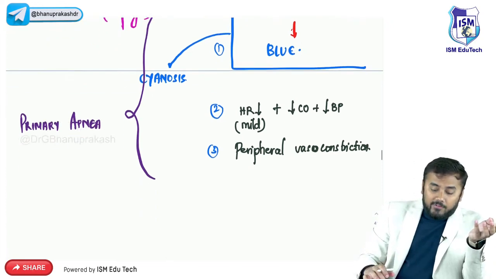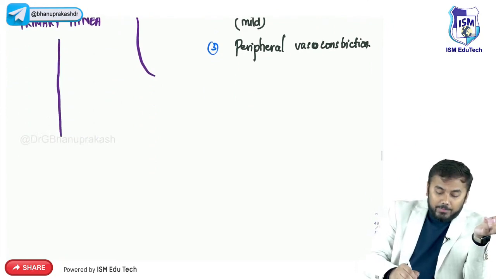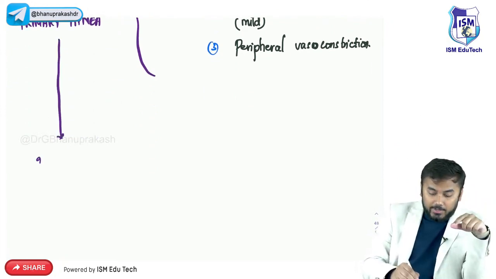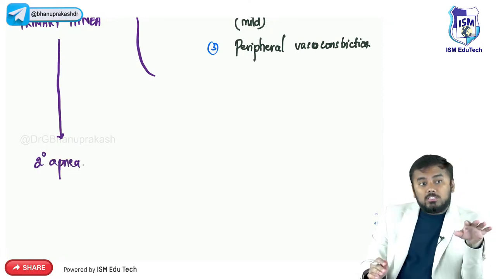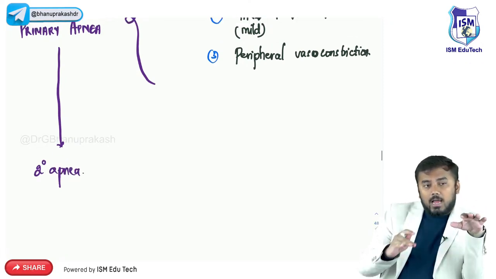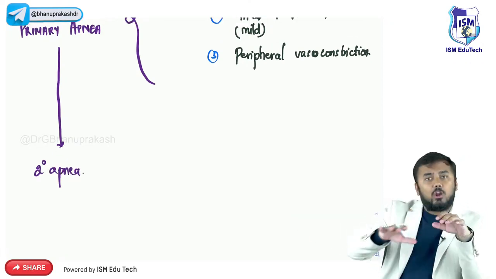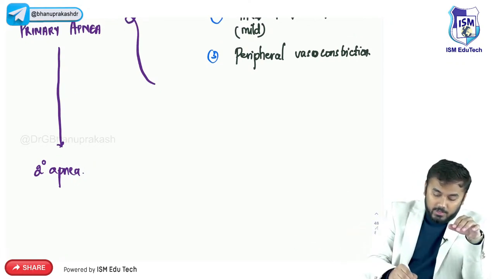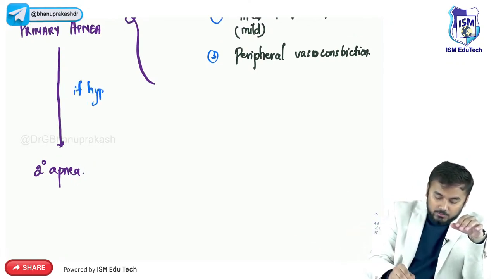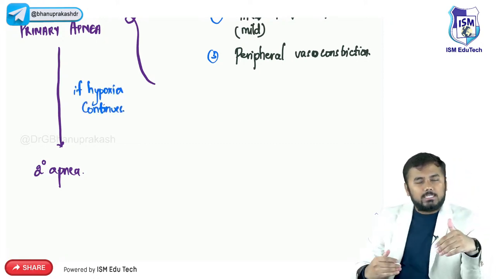Primary apnea can convert into secondary apnea. When? If there is low oxygen and this hypoxia continues for a long time, this would lead to a condition called secondary apnea.